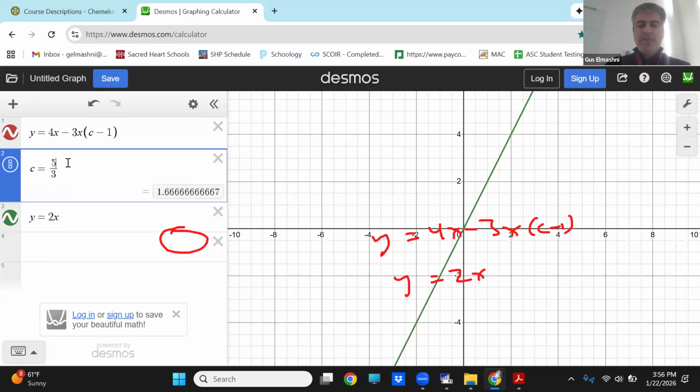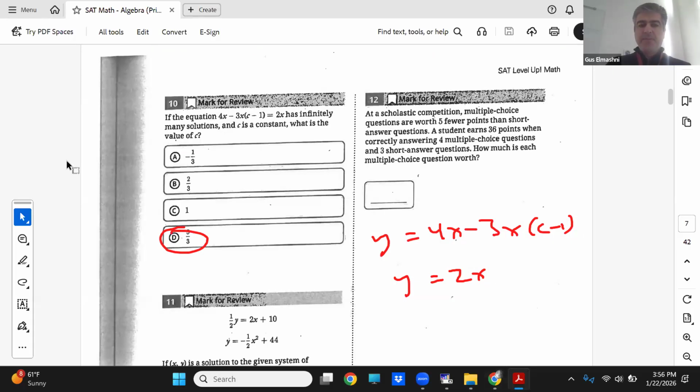If I do 4/3, forget about it. Or if I do 2/3, forget about it. Because it's multiple choice, you don't have to just randomly move the slider. Just start plugging those numbers in for c and see which one makes them true. But conceptually, you have to recognize that with infinitely many solutions, they're going to be the same equation on each side.